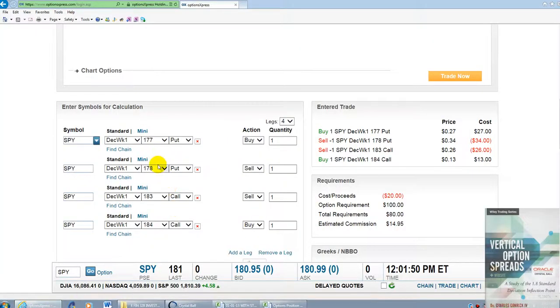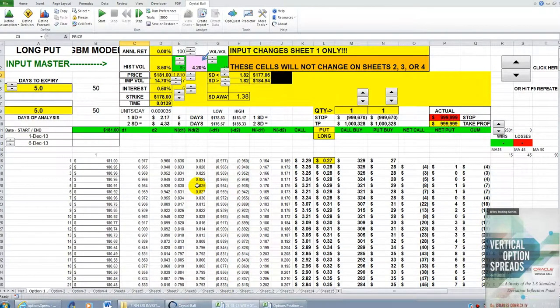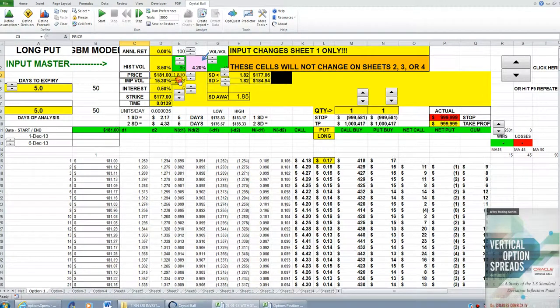So I want to put in a 177. Good, that'll give us some experience in changing this. So we'll go in with a 177, and the long put was priced at 27. So we'll use implied volatility to change the yellow cell, where it says put long, until it says 27 cents. All right, so this is now tied into this.